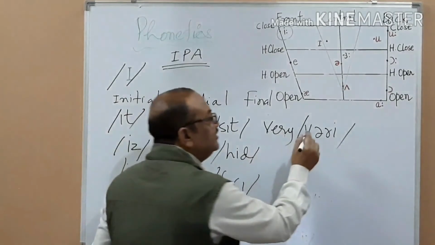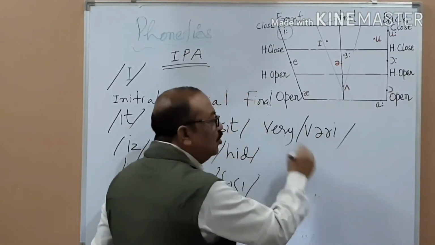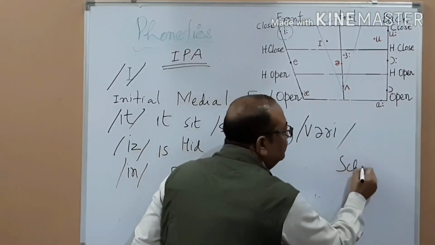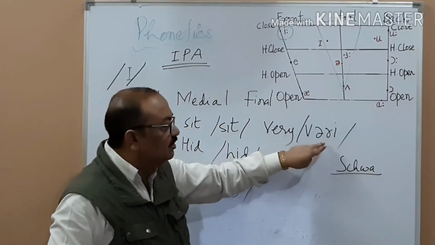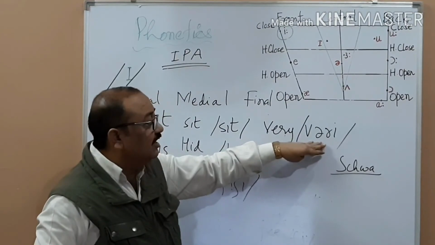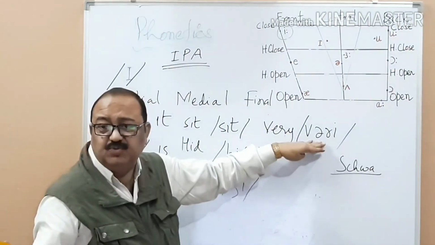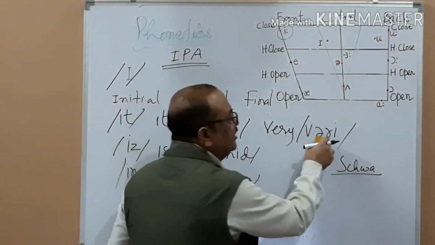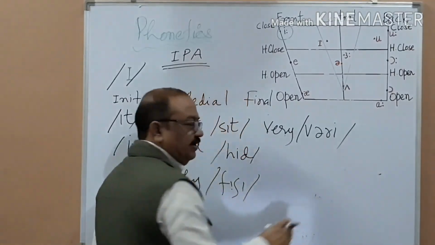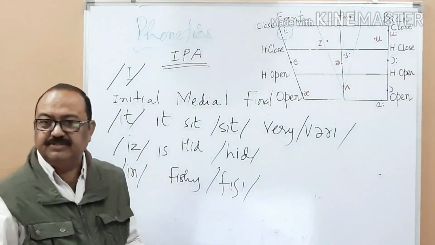Schwa. This is the most common sound. When I say most common sound, it means it occurs almost in every third or fourth word. You will find it. This is a very nice sound.